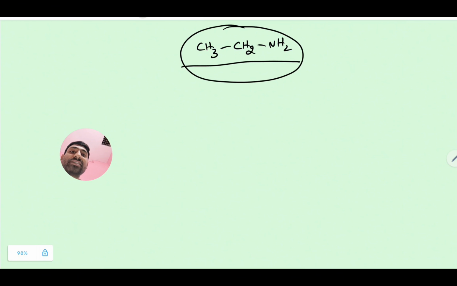This example is an open chain compound, and obviously it contains nitrogen, not only hydrogen and carbon, so it is a non-hydrocarbon. It contains only single bonds, so it is a saturated compound.